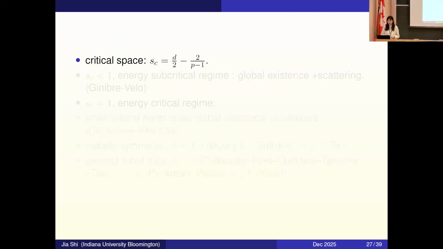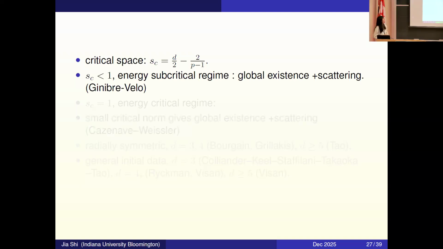Okay. So if you do the scaling, the critical Sobolev space is H^(s_c), where the critical exponent is equal to dimension over 2 minus 2 over P minus 1. P is the nonlinearity and D is the dimension. So when this is less than 1, we are in the energy subcritical regime.